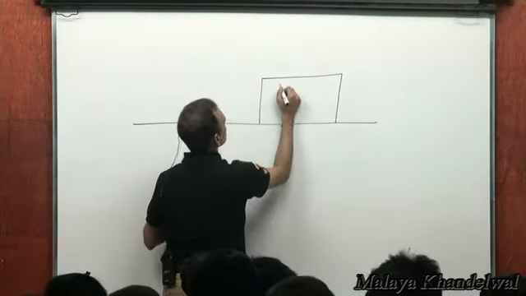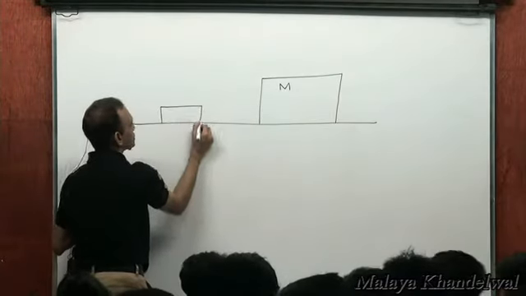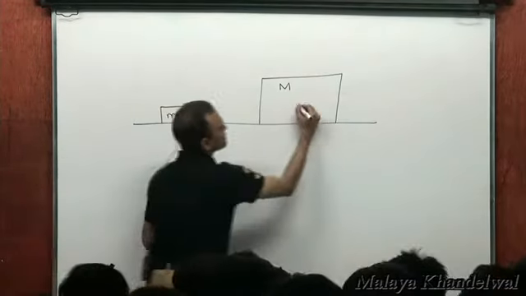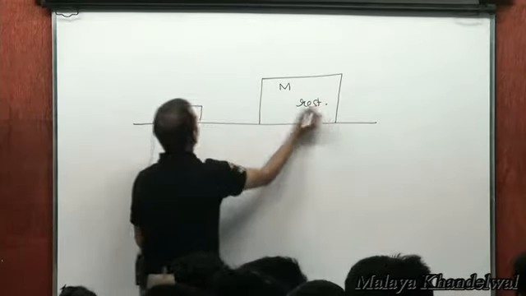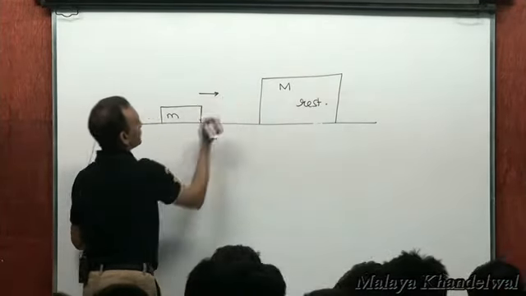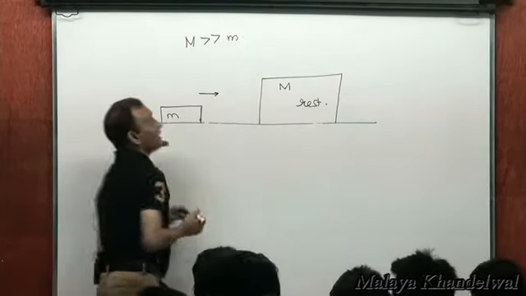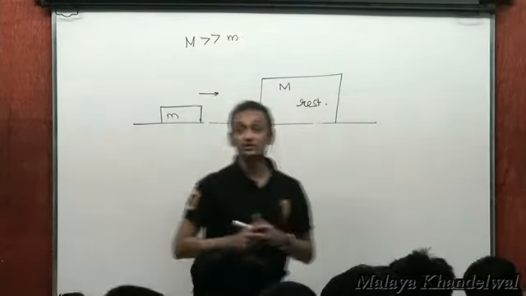Say this is the heavier and this is the lighter colliding unit. The heavy one is initially at rest, and the light one is moving this way. Capital M is much larger compared to small m. Heavy and light are relative terms.